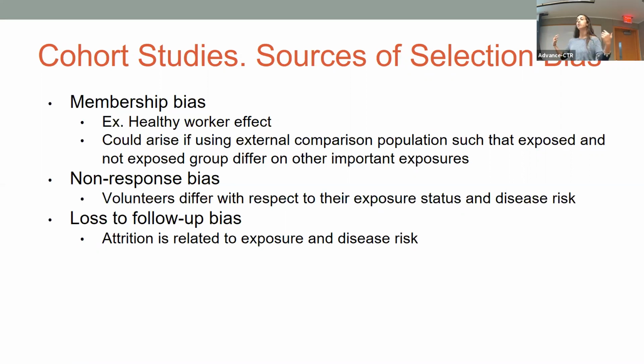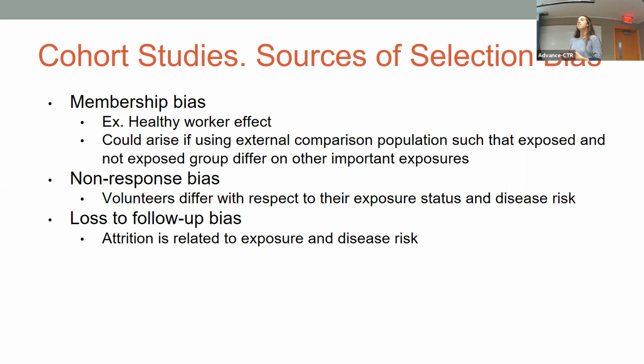Even though you might get volunteers who represent your population well, it's very possible that you might lose some people along the cohort study, and that the people that you lose are actually going to impact your measure of association that you're trying to calculate. So, for example, let's say that you're looking at people who were exposed to some sort of exercise intervention versus people who decided not to exercise.